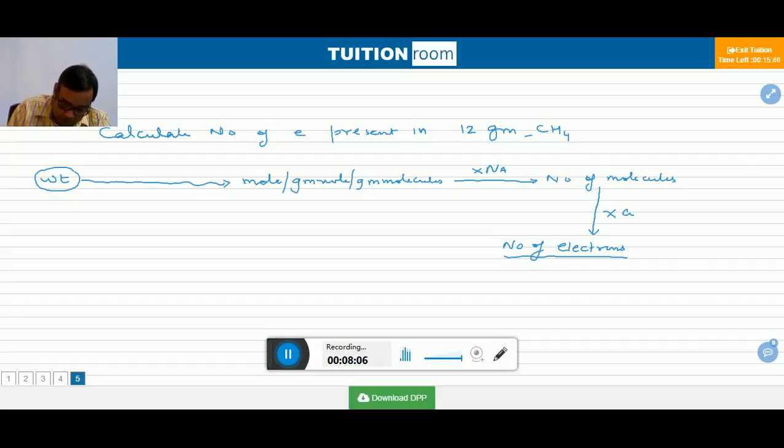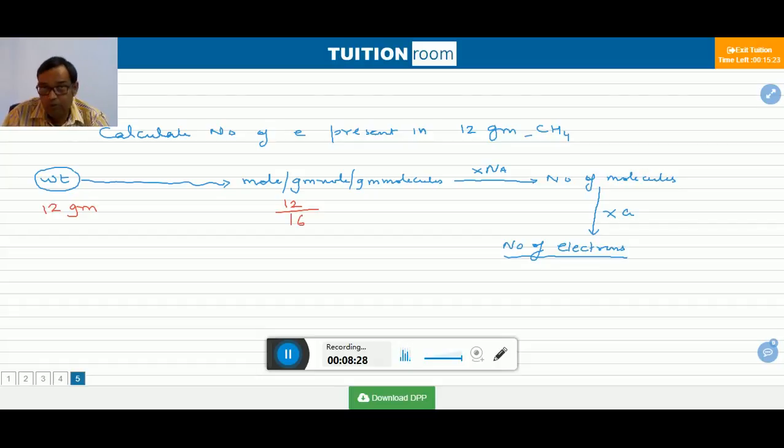Now weight is given, it is 12 gram. What is mole? It is 12 upon molecular weight of CH4, that is 16.